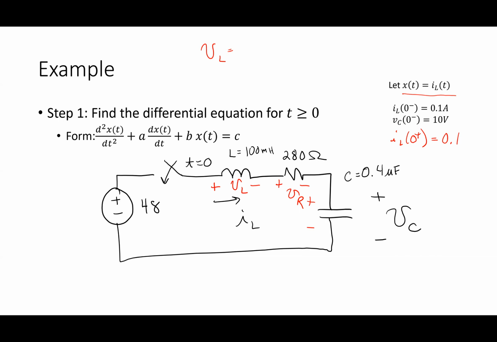So how does VL relate to IL? Yep, L di/dt. Now, VR is equal to, how does that relate to what's going on here? Yep, IL times R. And what about the capacitor? How do its voltage and current relate?